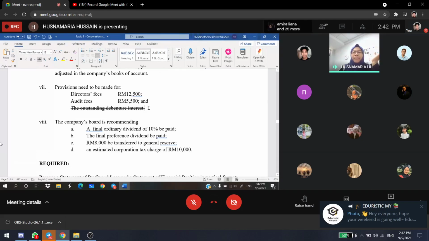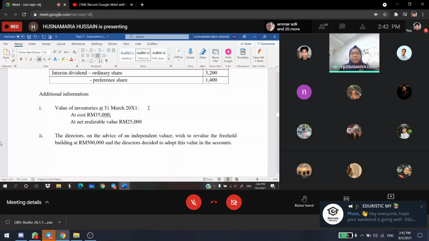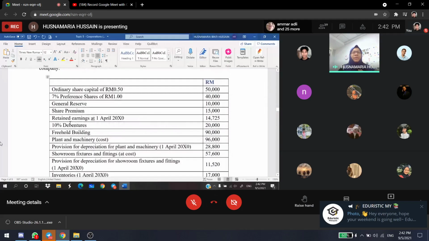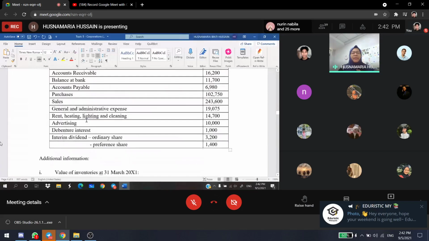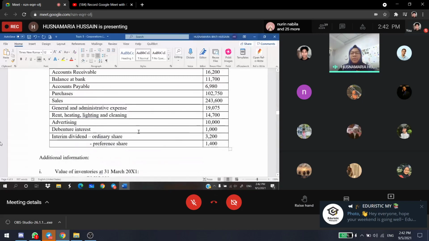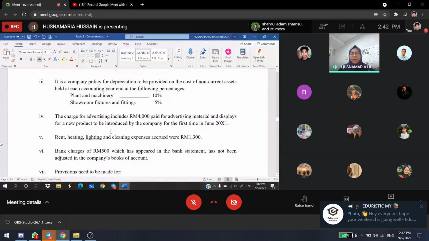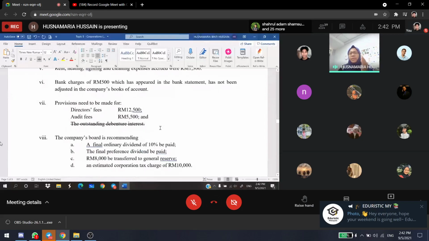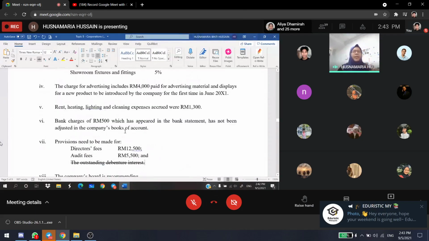So, you need to know from your observation through the question, you know that you need to pay 10%. But let's say, in the list dia bagi debenture interest 1,000, without a reminder, you should understand that there is an accrued of 1,000. Okay, so careful regarding debenture interest.